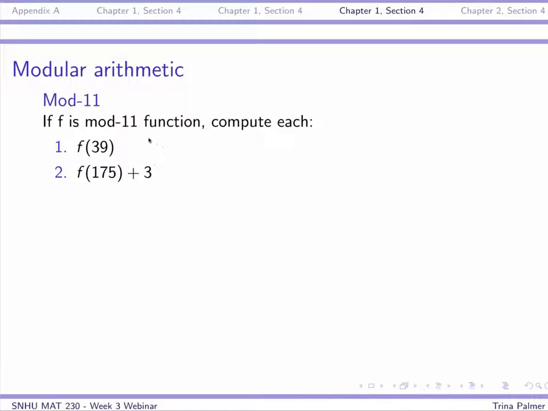So f of 39. 39 can be written as something times 11 plus the remainder. So it's 3 times 11, that's 33, plus 6. If it was a clock to 11, we'd go around the clock 3 times, and then we'd get to 6 after that. So this is 6.